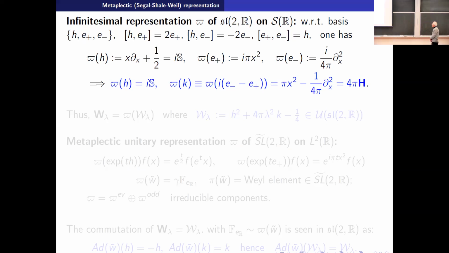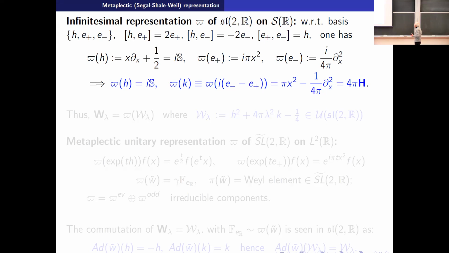Okay, and now I come to the last part of what Alain talked about, the last part in my talk too, which is the metaplectic representation. As Alain already mentioned, the infinitesimal metaplectic representation, as you will see, was in the background hiding, but it in fact controls the situation pretty well.